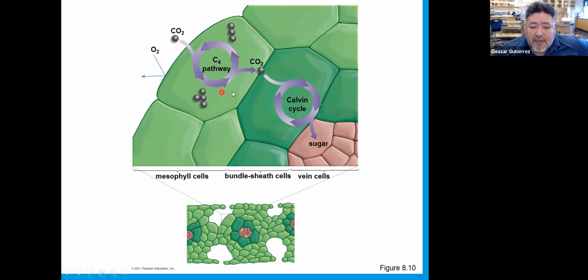It enters a metabolic pathway that turns it into a 4-carbon moiety. It gets banked inside the leaf petiole as this 4-carbon moiety. And then during the day, when the stomata are closed, the C4 breaks up into carbon dioxide and enters the Calvin cycle in the bundle sheath cell.